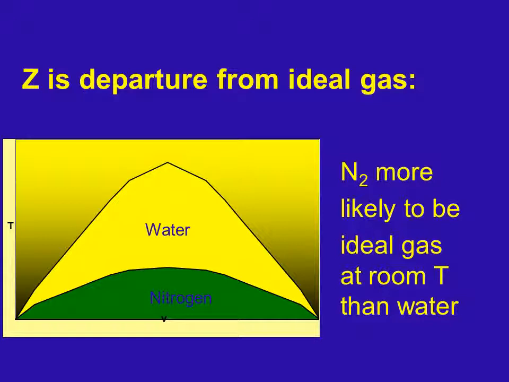Nitrogen, therefore, is more likely to be an ideal gas at room temperature than water, because remember, ideal gases occur at high temperatures and low pressures, and the temperature relative to its critical point, so room temperature, is very high temperature for nitrogen compared to its critical temperature, but not so much for water.